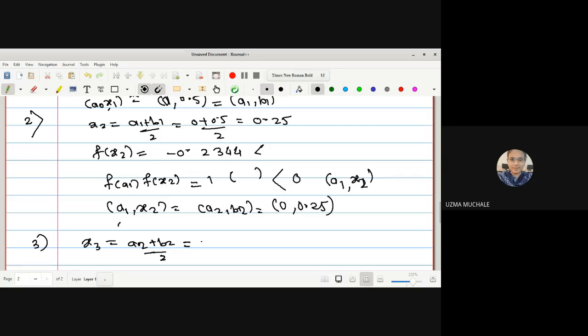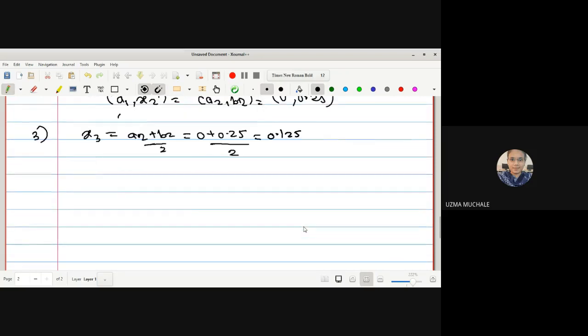What is the value of a2? It is 0. b2 is nothing but 0.25, which is x2, divided by 2. What is the calculated value? 0.125. So we have got the value of x3 as 0.125. Now find out the value of f of x3.